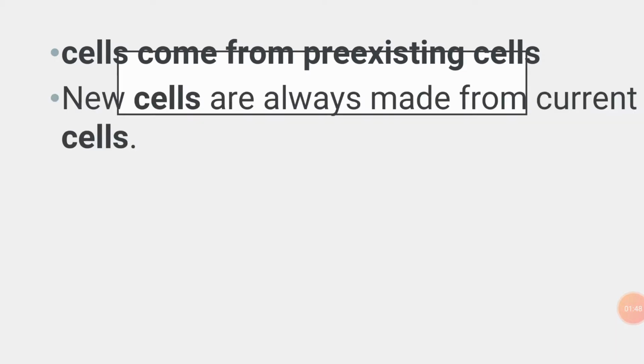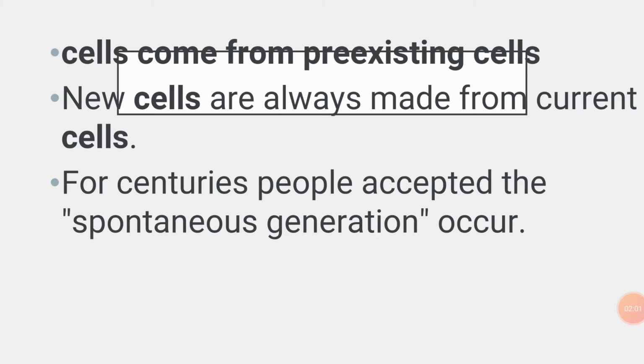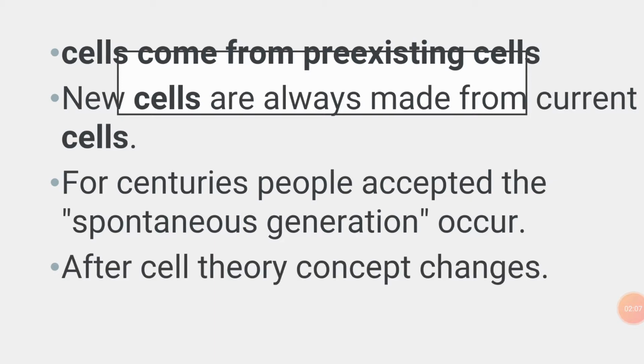New cells are always made from the current cells. Means new cells are arising from the current cells, means pre-existing cells. For centuries people accepted that spontaneous generation occurs. After cell theory this concept changes.